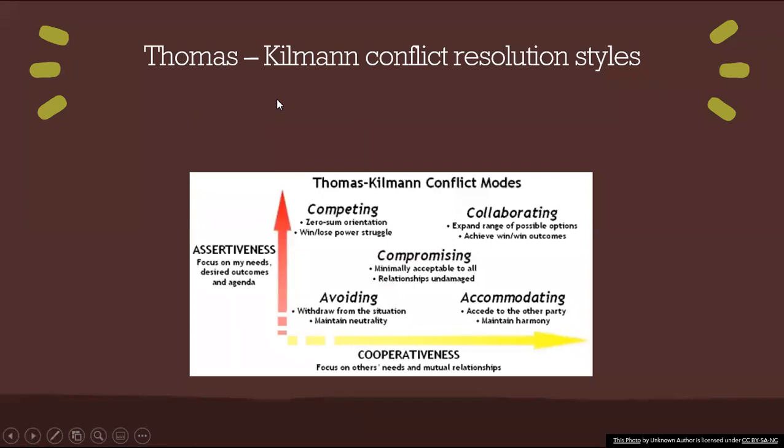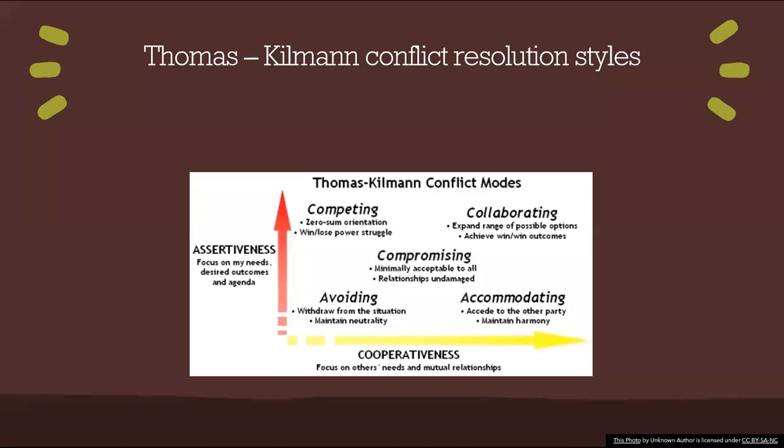A small part of the integrative and distributive approach to negotiation is the conflict resolution style. This model is based on the research of two psychologists, Thomas and Kilmann. They see that every person in a situation may choose a style to resolve their conflict.